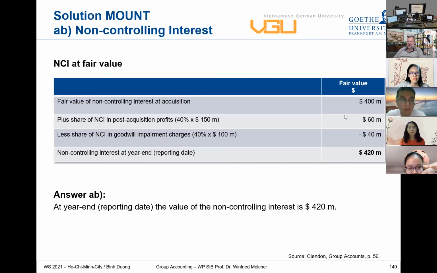So what will be done in the end? 40% of that 100 million impairment charge will be accounted for in the NCI account, and therefore 40% of 100 will be decreasing the fair value of the non-controlling interest. And if you do the math, then at the year end, you have a total fair value of 420 for the non-controlling interests.